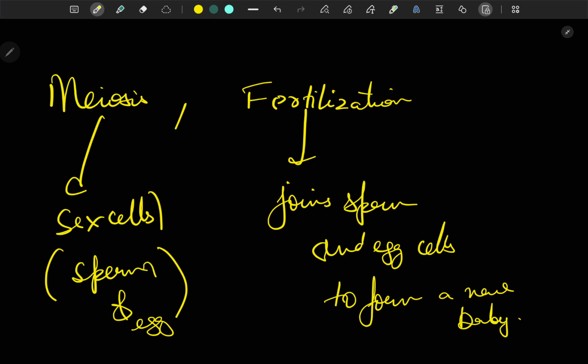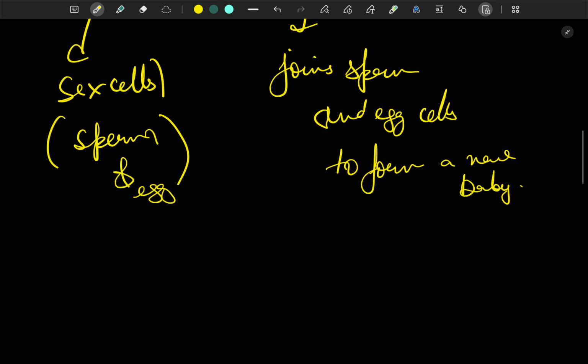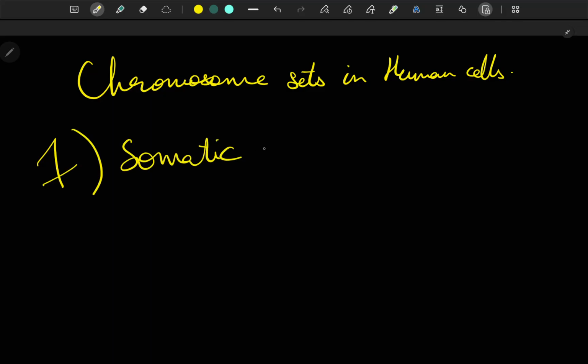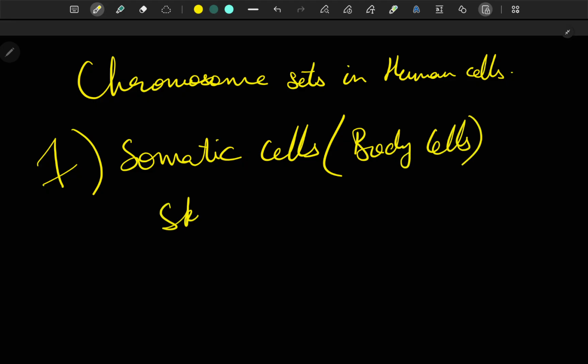Now let's start another topic which we'll study today: chromosome sets in human cells. First are somatic cells, or body cells, such as skin, muscle, and blood.